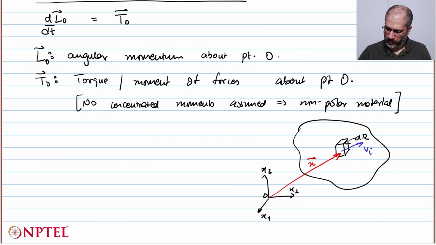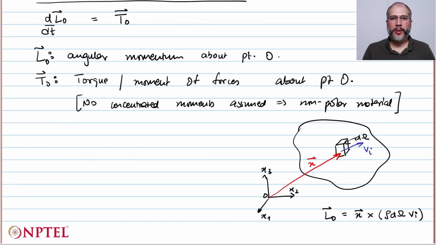So with this position coordinate, I can write the angular momentum about the point O for this particle contained in the infinitesimal volume d omega as small x cross the linear momentum of the particle in d omega, or this can be written as rho d omega times vi. So rho d omega is the dm times vi is the infinitesimal linear momentum.